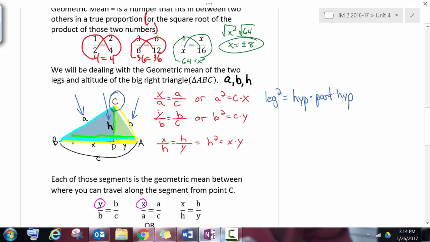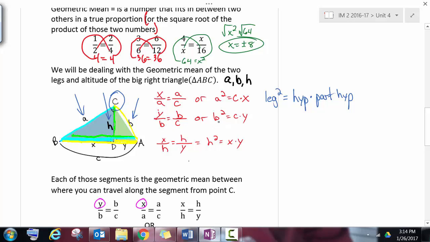So A squared equals the whole hypotenuse, C, times the part, x. We do the same thing with B over here. We start from angle C and we go to A. So B is going to be the geometric mean between, well, from here we can go to D, so that's segment Y, or we can go all the way to B, and that's segment C. So B is in between Y and C.